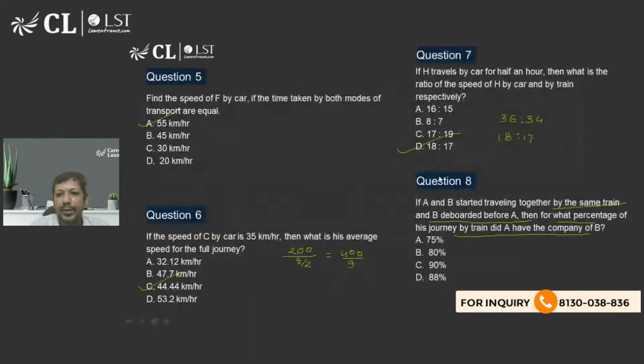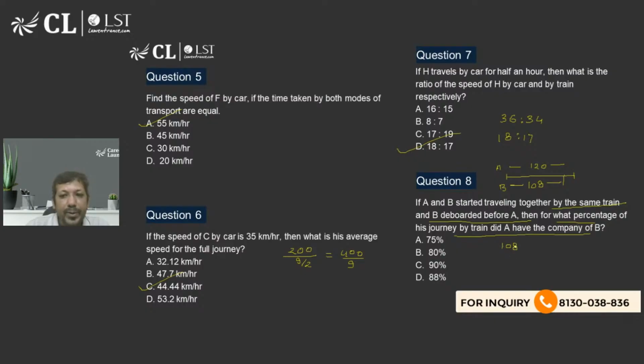Okay. Now A and B started traveling together. So basically both of them are traveling together and they are going to cover some distance. A needs to cover 120. B needs to cover 108. So what is the common distance for their journey? That is 108.